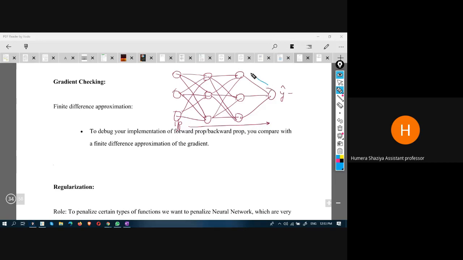This value is sent back, means this is del of loss. When you subtract y hat and y, you get some loss. This loss with respect to this weight, this line and this line and this line and this and this and this, is sent over all the lines.